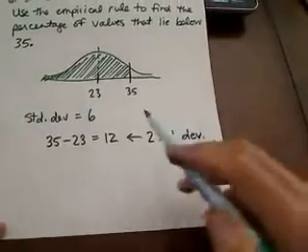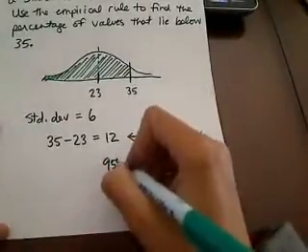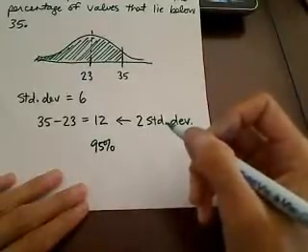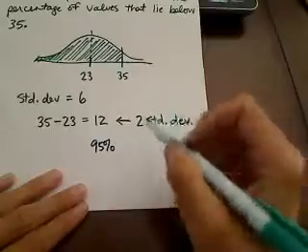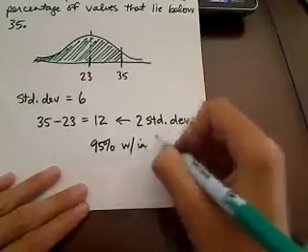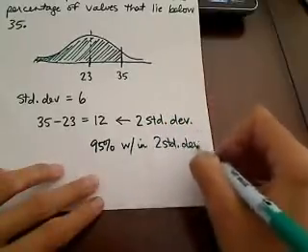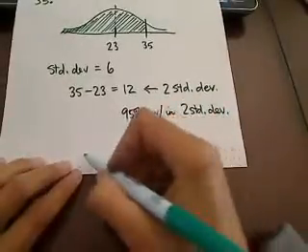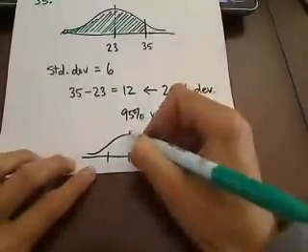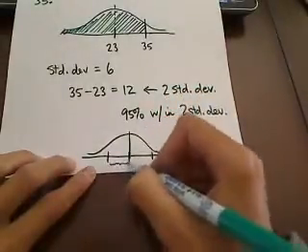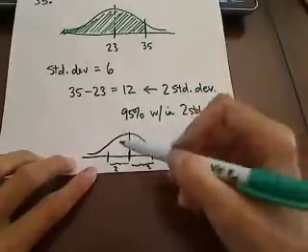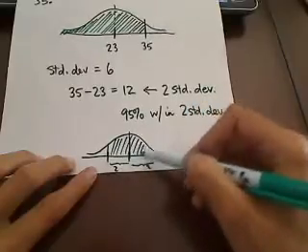away from the mean. And there's a rule that tells us, and this is the empirical rule that they're speaking about, that 95% of your area is going to fall within 2 standard deviations of the mean. I want to actually draw you a picture here to make sure this makes sense. What that rule is telling us is that if here's your mean, and this is 2 standard deviations and this is 2 standard deviations, then this is 95%.